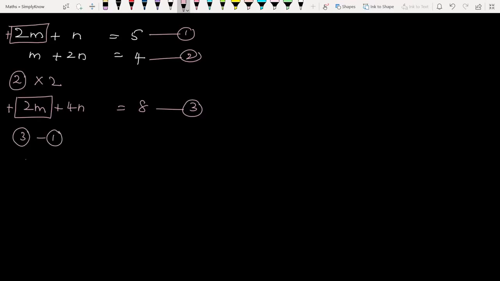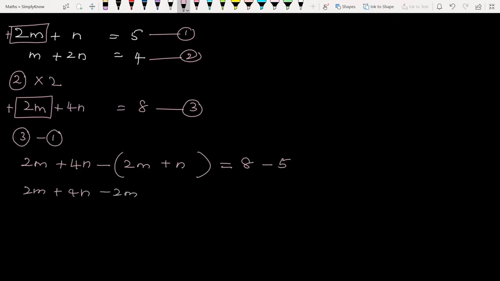The third equation is 2m plus 4n minus, within the brackets, 2m plus n equals 8 minus 5. So 2m plus 4n, when I remove the brackets, minus 2m minus n equals 3.